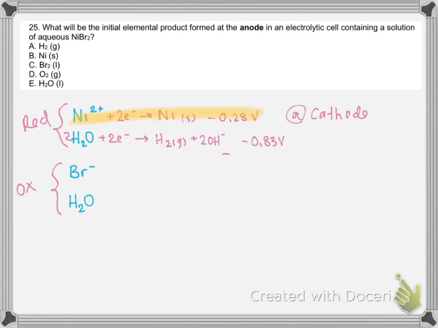So let's look at what could be oxidized. We have the bromide, and we can think of 2 bromides becoming Br2 liquid, losing 2 electrons, with a potential of negative 1.065 volts.